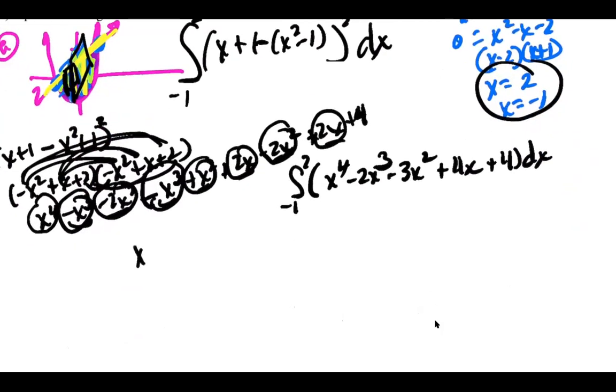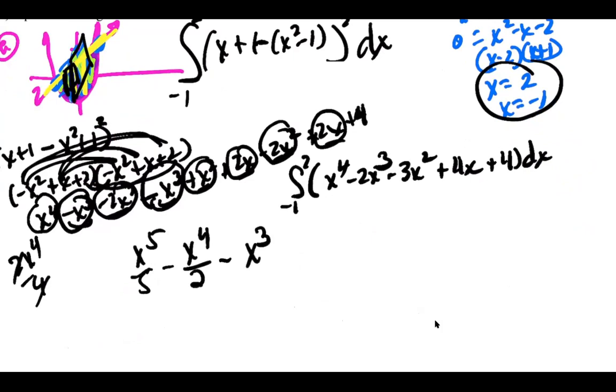All right, so I have x to the fifth over 5, minus 2x to the fourth over 4, minus 3x cubed over 3, so x cubed, plus 4x squared over 2, so 2x squared, plus 4x, from -1 to 2.